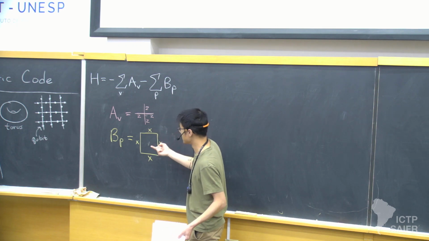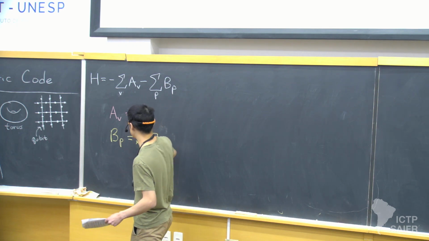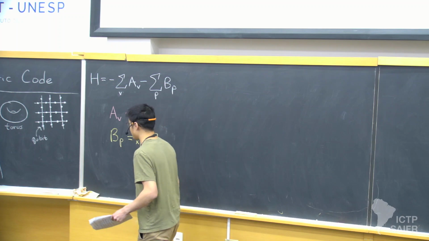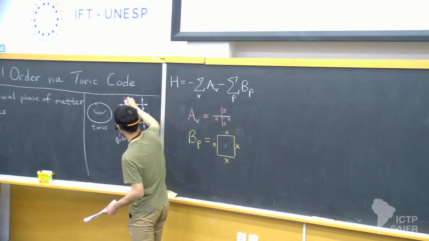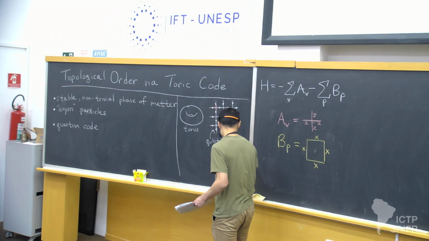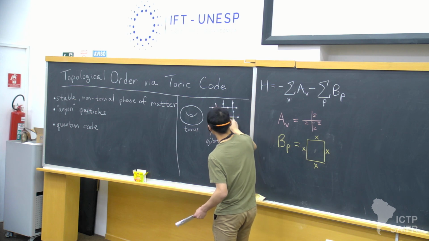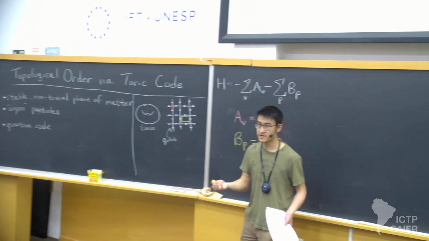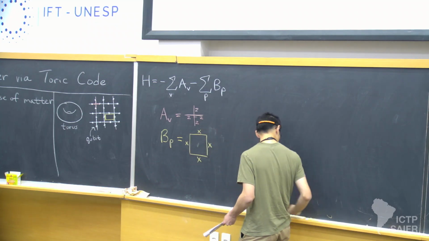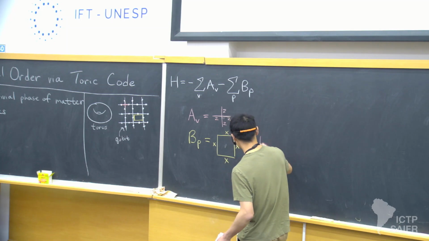Z and X don't commute, but if you look at the product of these Z's and the product of the X's, then you'll see that they're either completely decoupled, acting on disjoint qubits, in which case they trivially commute, or, the more non-trivial case, they intersect.